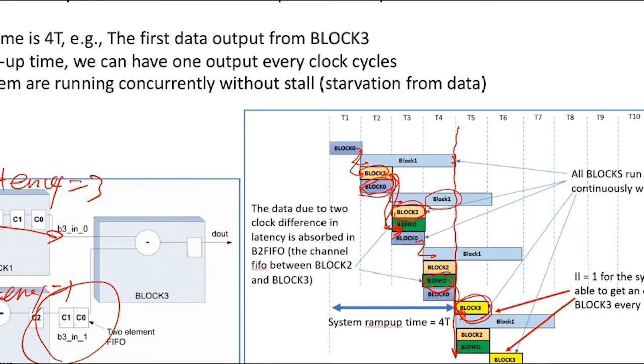And the block 2 output can push into the FIFO because one FIFO pop and push happen together. In this case, you can generate output every cycle. The run-up time, from when it starts to when the first output is produced, is a full cycle. After that, you can generate output every cycle.